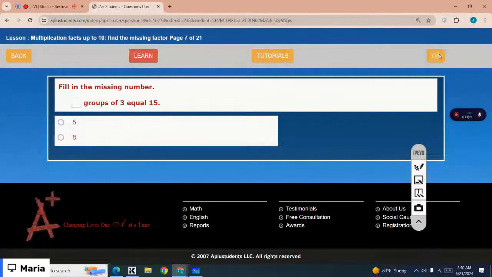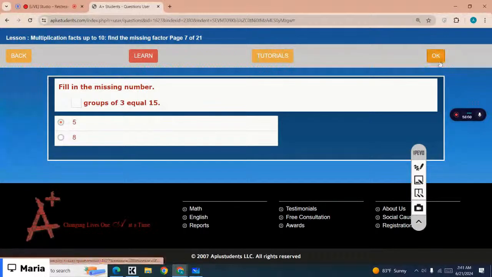How many groups of 3 equal 15? Which is the correct option? Yes, that is 5 groups of 3 equals 15.